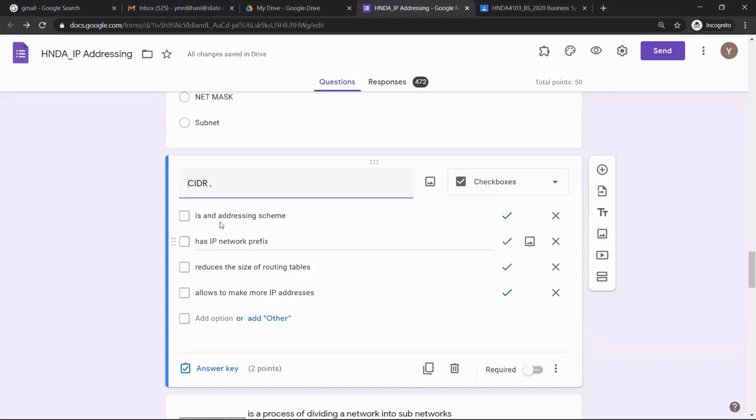So just remember these points. This is an addressing scheme, and it has a network prefix, and it is used for this purpose. That means to reduce the routing table size, and it will allow you to make more IP addresses. No need to go into detail. If you go into detail, it will be a bit difficult, right?